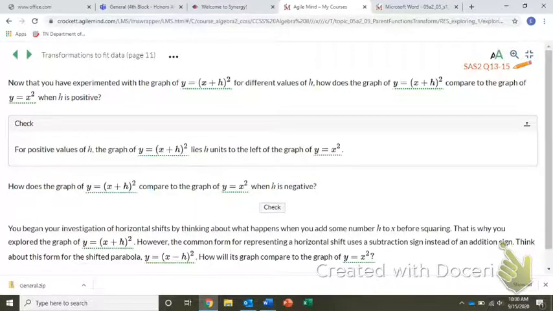And it says, for positive values of h, the graph of y equals (x plus h) squared lies h units to the left of the graph. It's kind of opposite of what your brain thinks, okay? So you want to write that down for number 13.